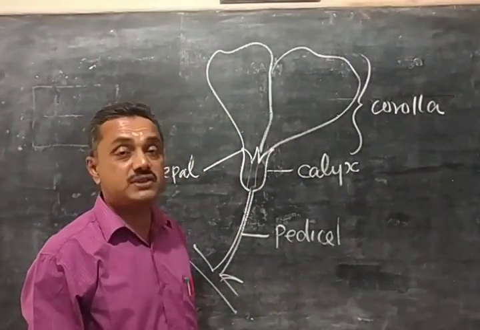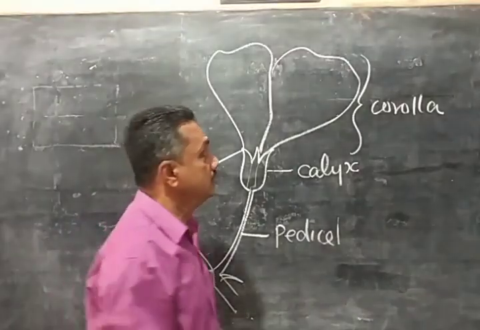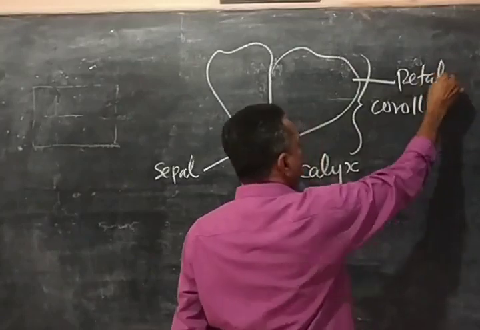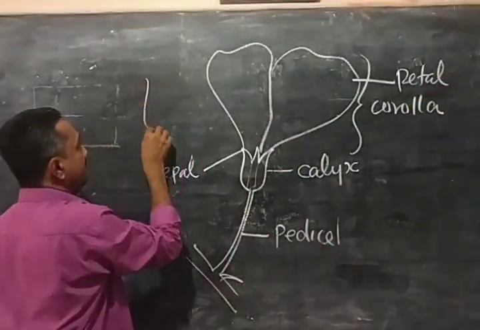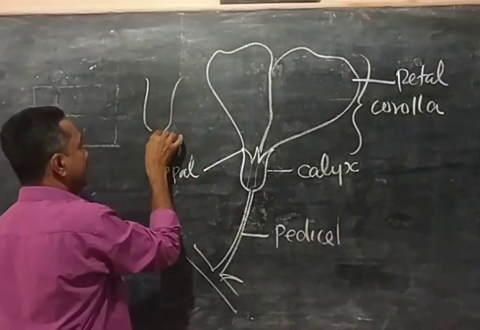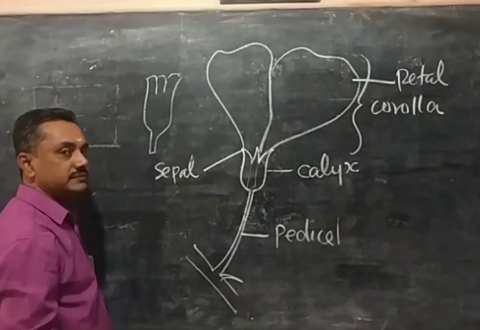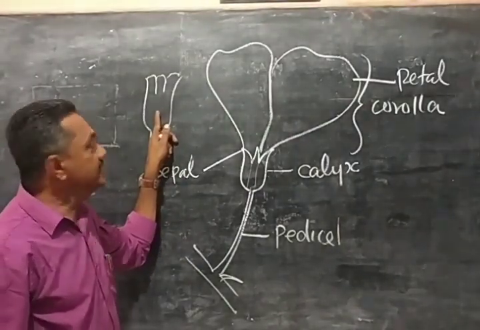In hibiscus it is red in color. The colored part of the flower is called corolla. One part of it is called a petal. Some flowers look like this; the yellow flower, Tivicia flowers, can be seen like that.